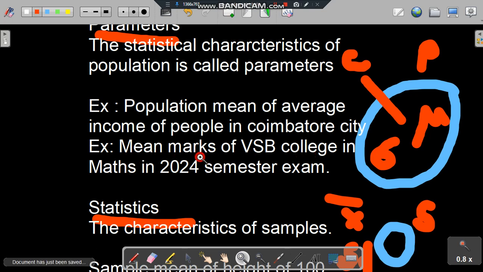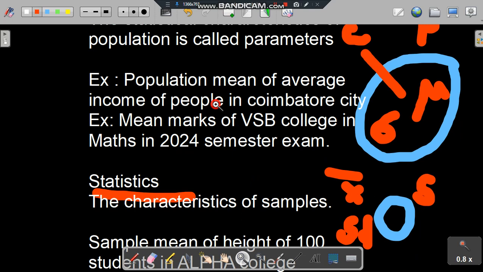The mean marks, average marks or expected marks are a characteristic of this population, therefore a good example for parameters. Similarly, the standard deviation of marks is also an example of a parameter. Now statistics: any characteristic studied on the sample is called a statistic.